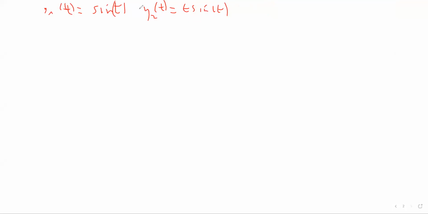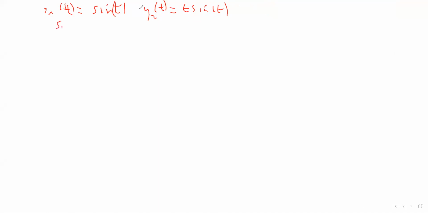If we take y1 of t to be sine t, and we take y2 of t to be t sine t, can we show that this is linearly independent?